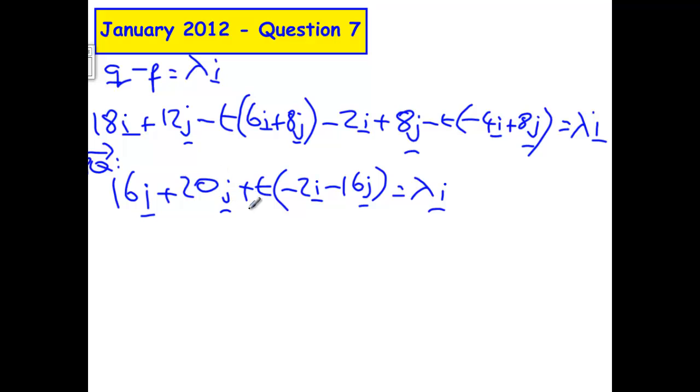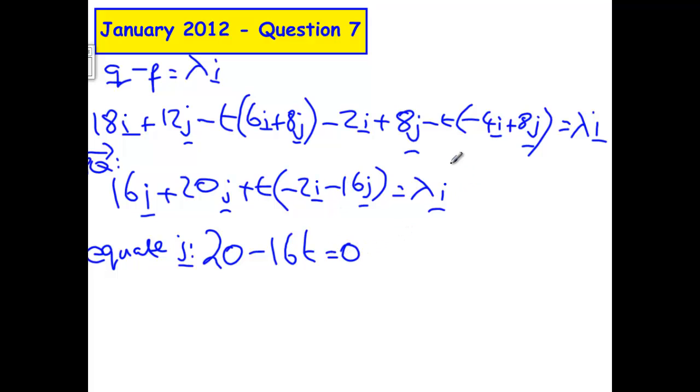Because there is a 0j component on the right hand side, for this equation to be true, the j components on the left hand side of the equation must cancel out. So they must be equal to 0. So I'm going to equate the j component, making it clear to the examiner what I'm doing. I'm going to say, well, 20j plus minus 16t, so take away 16t, they must cancel each other out.